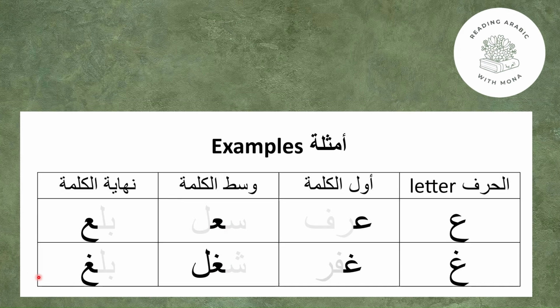And here are examples of words containing Ain and Ghain within different positions, as you can see here. And it's obvious that the letter takes space, and then when it compromises parts of the form, it fits neatly and saves space.